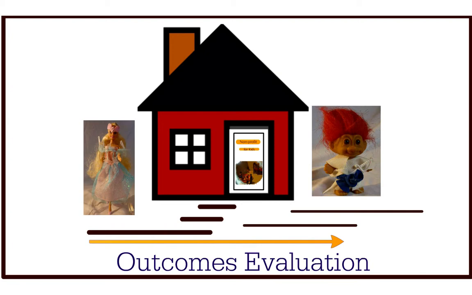Her belly is a little rounded, but not unhealthily so. Her esteem says, I'm healthy, I'm happy, and I'm ready to take on the world. So if a program is trying to help a bunch of Barbie-like youth become troll-like youth, the measurement of to what degree that happened is an outcomes evaluation.